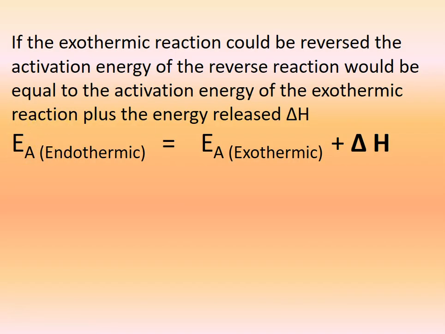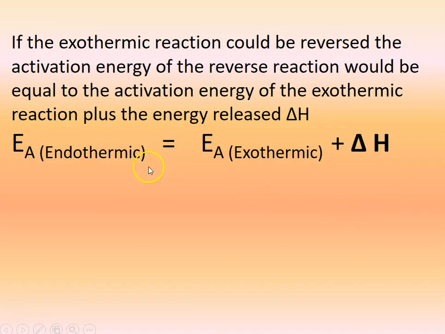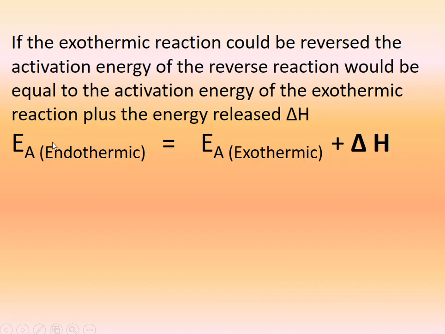So you notice that the endothermic reaction, this one, you're adding energy, so the products have got more energy. The endothermic activation energy is a lot larger, and in fact it equals these two together. So the energy from here to here is equal to the activation energy of the reverse reaction.